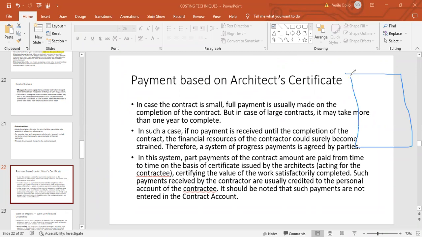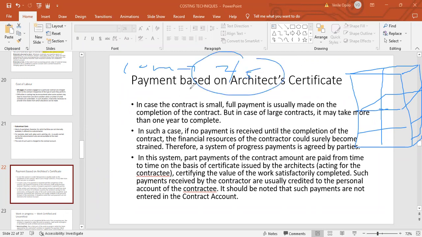Let's say we have a 5-story building that you are preparing, and out of the 5 stories you've been able to do 2. Let's say the entire project is supposed to cost 10 million shillings. You've done 2 out of the 5, so you would expect that if I am to be paid a total of 10 million shillings, then you pay me 2/5 of what you owe me.